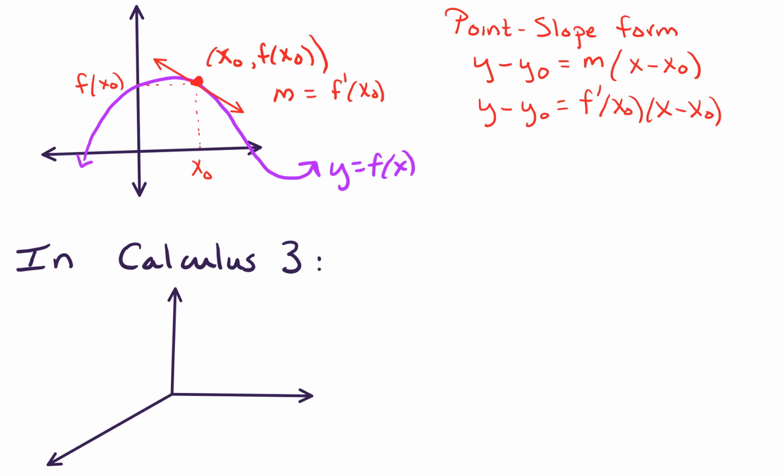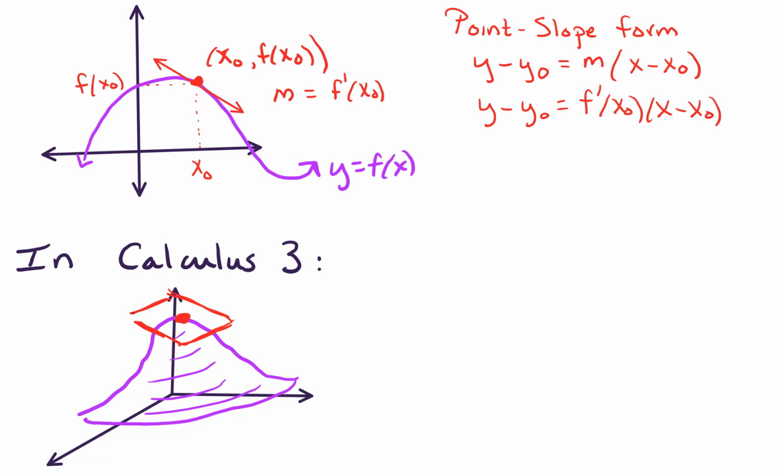So in Calculus 3, instead of a curvy line, we're thinking about lumpy bumpy surfaces. So here's a lumpy bumpy surface, looks kind of like a mountaintop. Okay, and if we're interested in finding a tangent plane, maybe right to that point, a tangent plane is going to look like a post-it note or a sticker that's tangent to the curve just at that point.